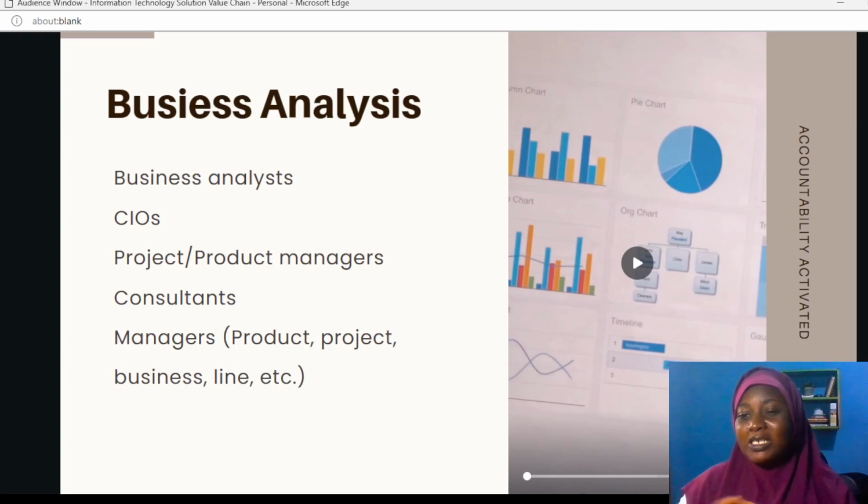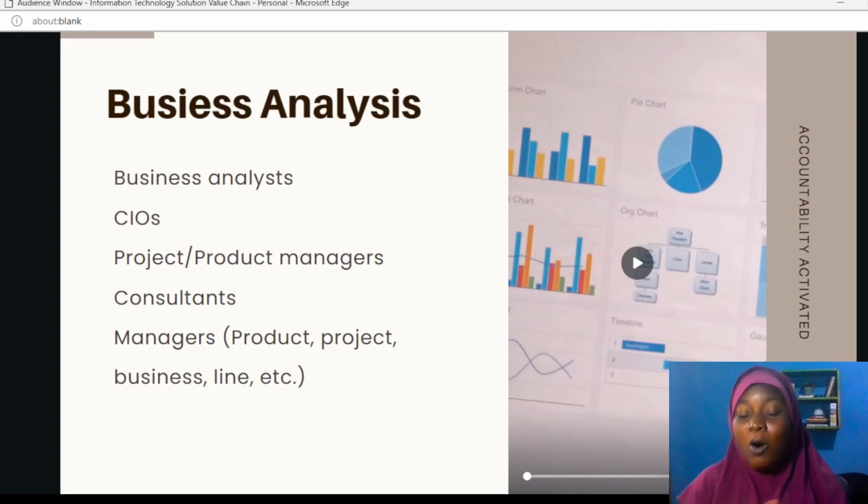So what I'm trying to say is, depending on what the problem is, there are different types of people that come into play during business analysis. Depending on the type of problem, depending on the type of company, if it's a startup, if it's an already existing organization, depending on the value of IT in that organization. Is IT used for business process improvement? Is IT the major product of the organization?